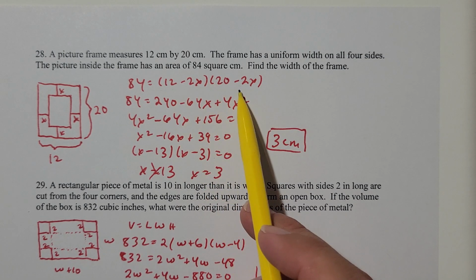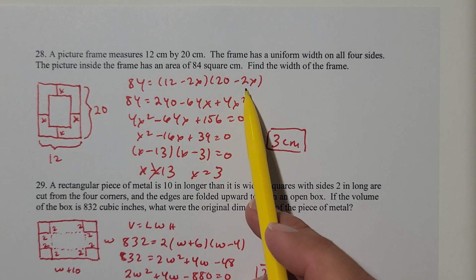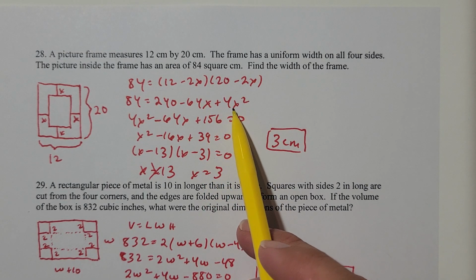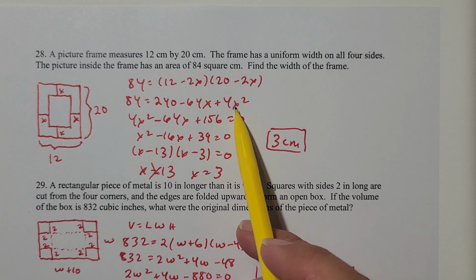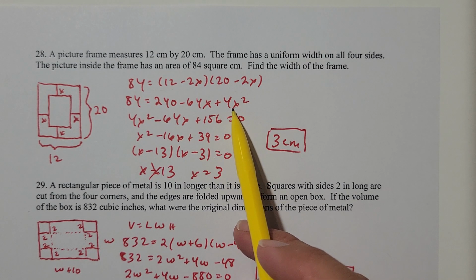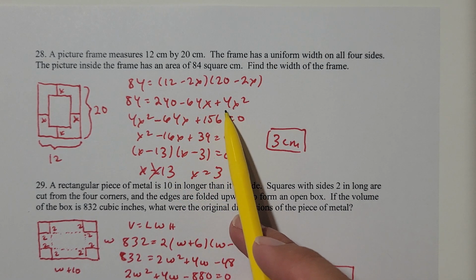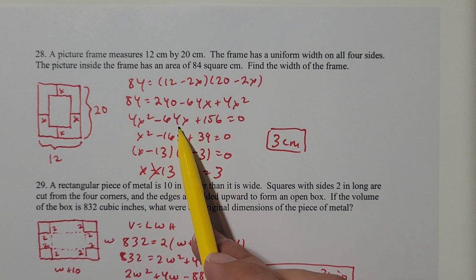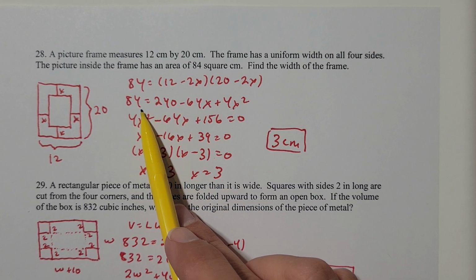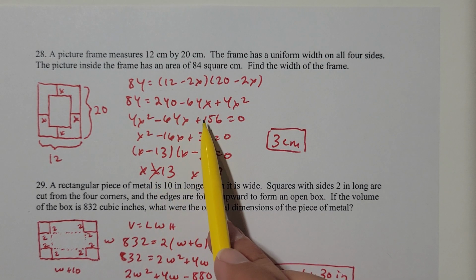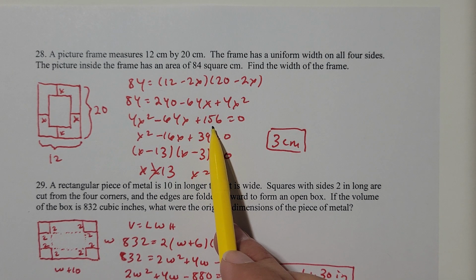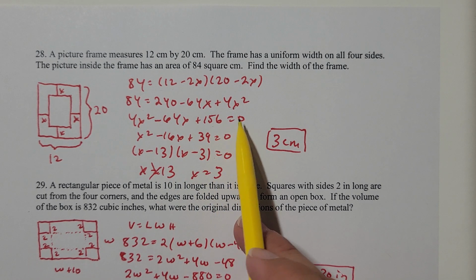Negative times negative is positive at the end, so 2x times 2x, that'd be 4x squared at the end. And then when I arrange this, let's get everything under the right. I got 4x squared minus 64x, and 240 minus 84 would be 156. And that's all equal to 0.